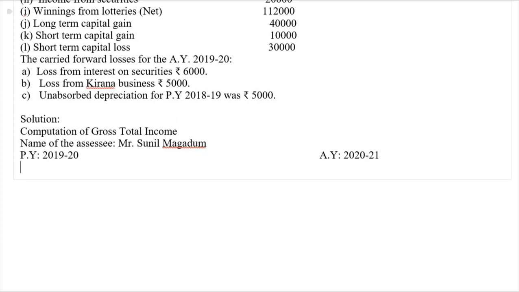Let me insert the columns here. So we need 5 columns for particulars, intersource, interhead, carry forward, and GTI.